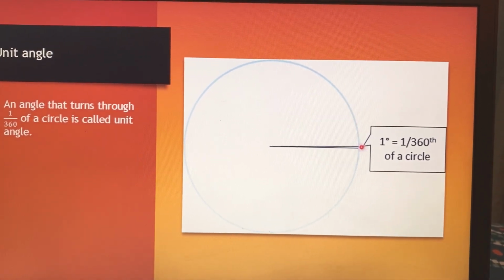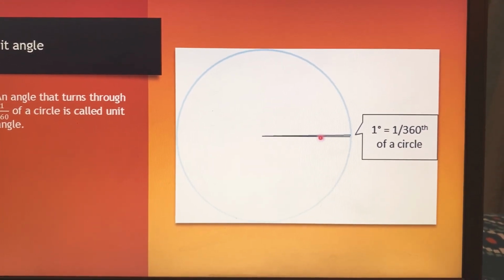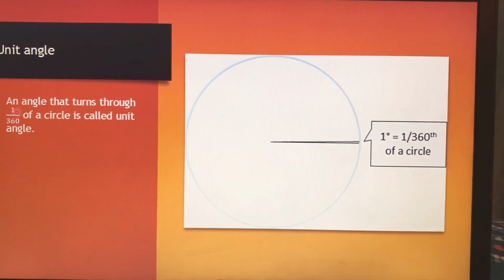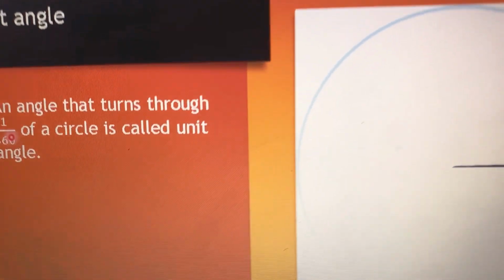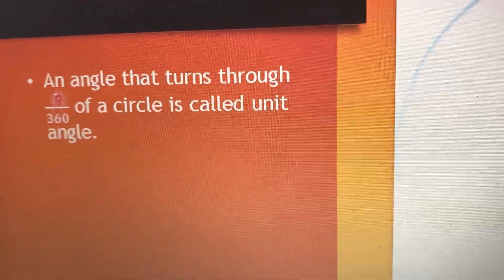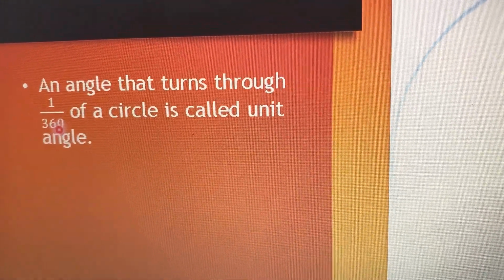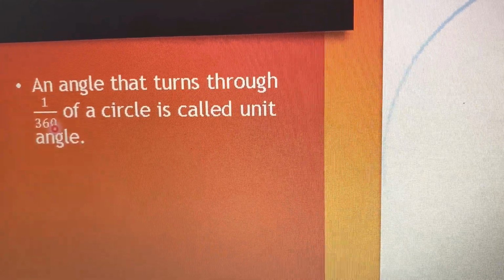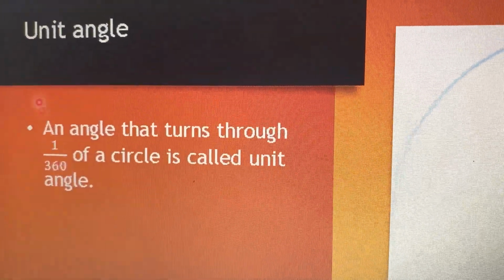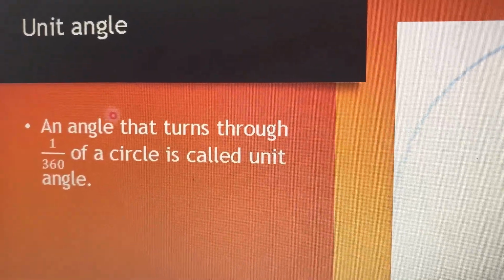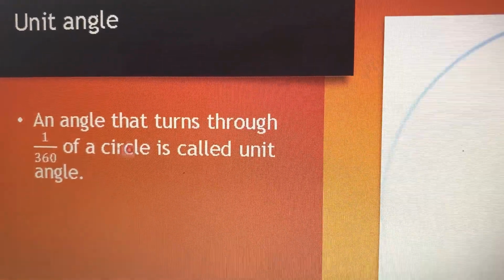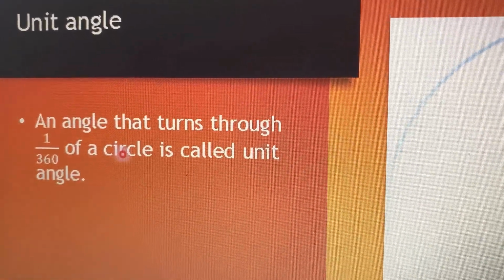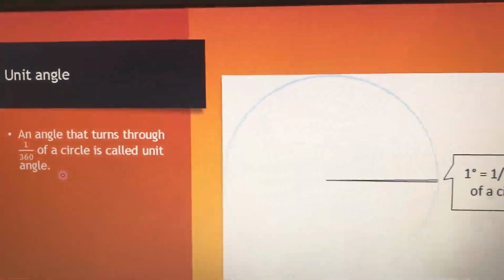So, if I took only 1 degree, I can write it as 1/360, because I took 1 degree out of 360. So an angle that turns through 1/360 of a circle is called a unit angle.